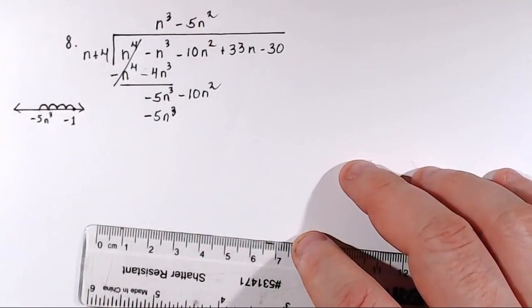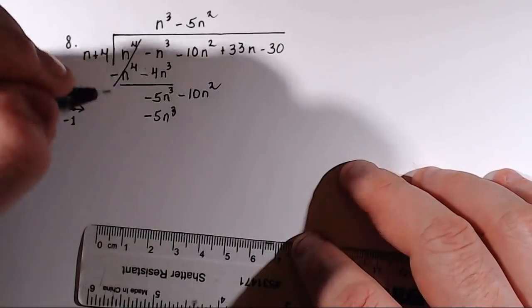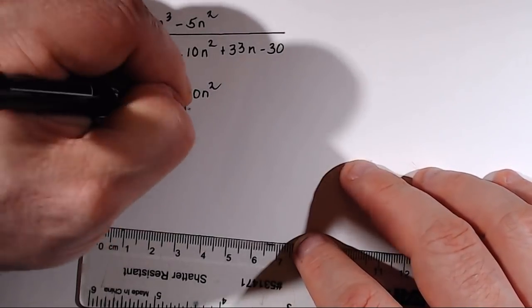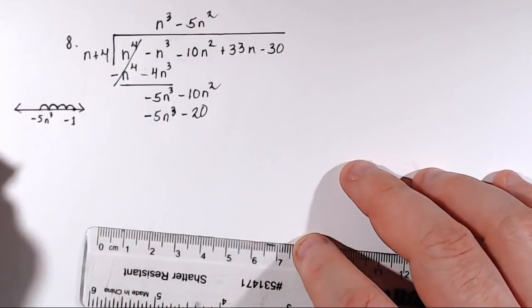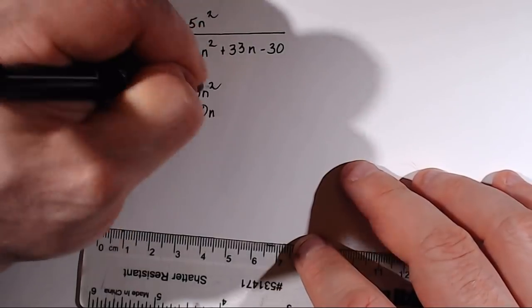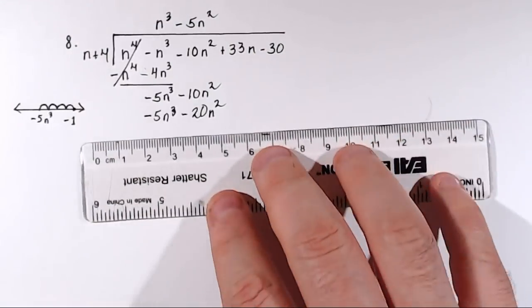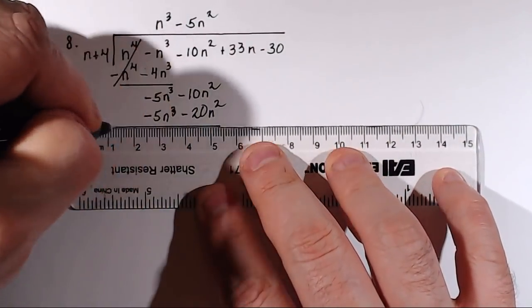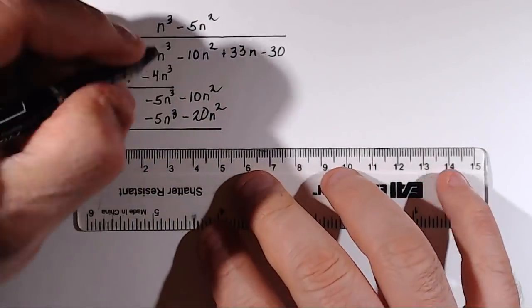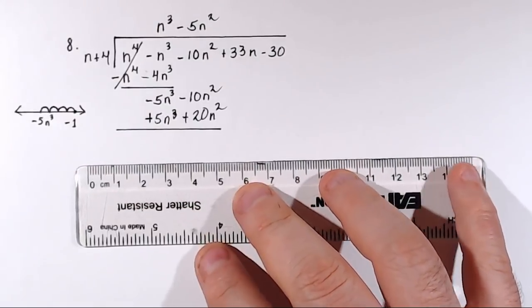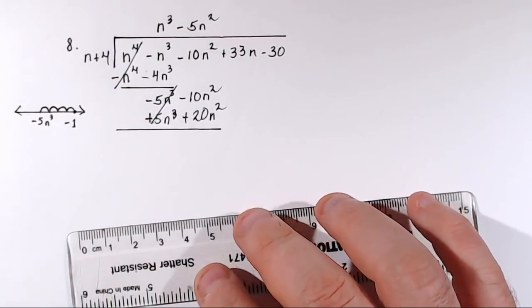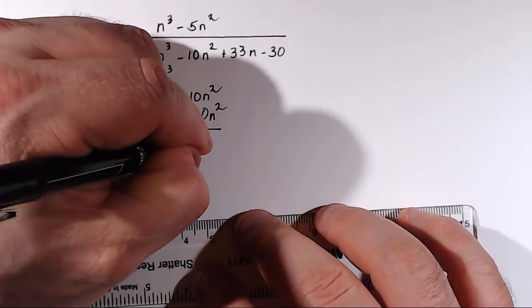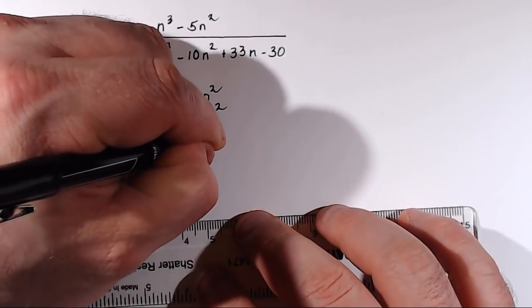Negative 5n squared times 4 equals negative 20n squared. Draw a line, change the signs. Stack, add, these cancel. Negative 10n squared plus 20n squared is positive 10n squared.